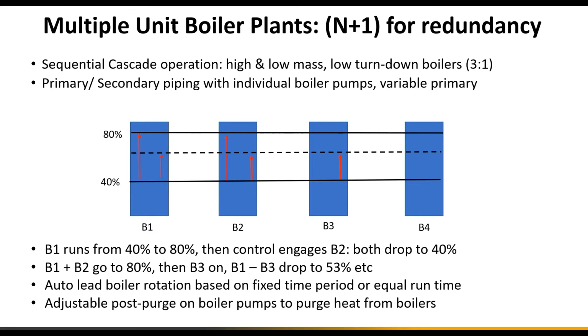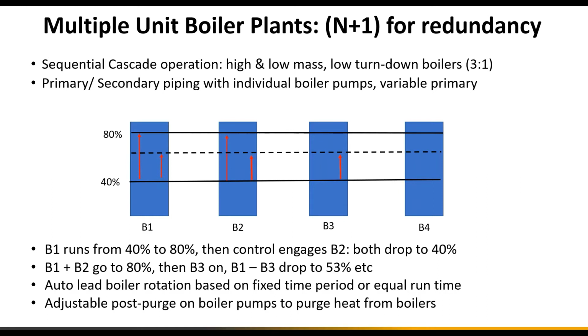Prior to the onset of high turndown boilers, most boilers would be operating in what I would call a sequential cascade mode. Could be either high mass or low mass boilers, but they would typically be low turndown, where a boiler would operate, say, between 30–40% up to 100%, and serial cascading would take place.